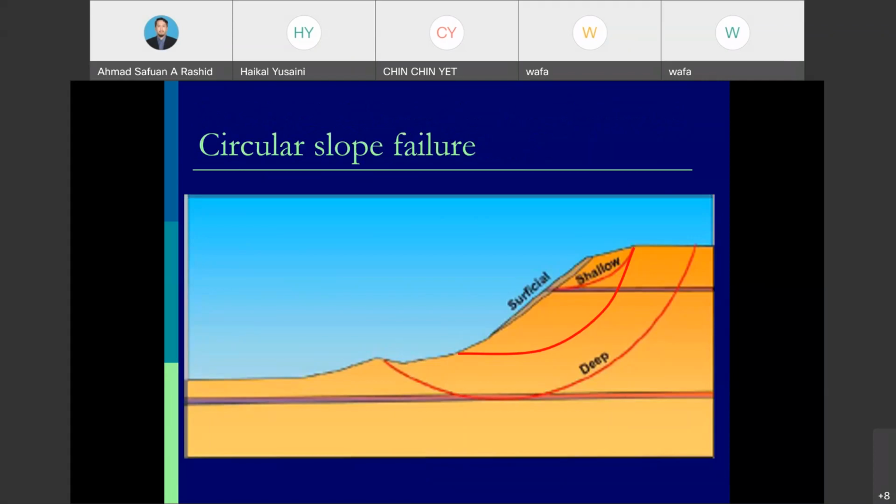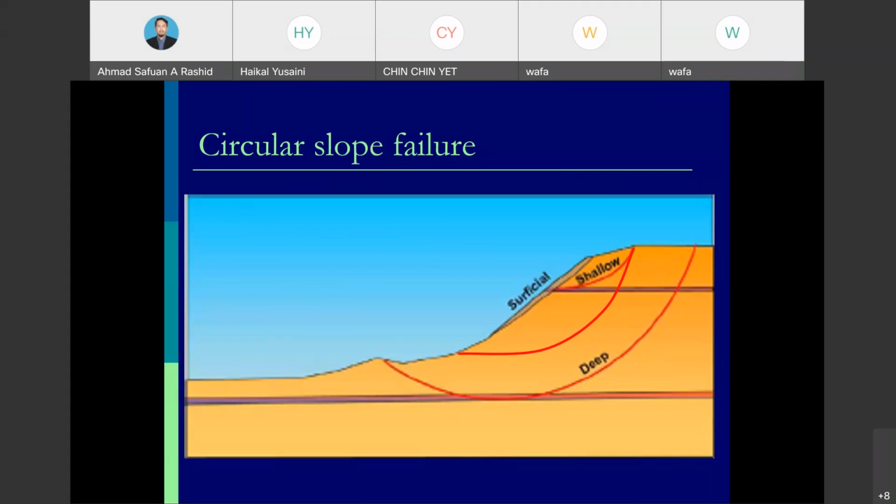Then we go for another method, which is circular slope failure. This is a kind of slope failure, either analyzed by manual calculation or numerical calculation, or by observing after a failure happens.